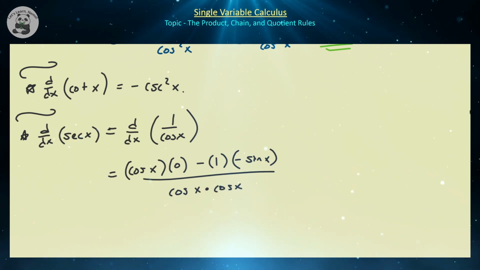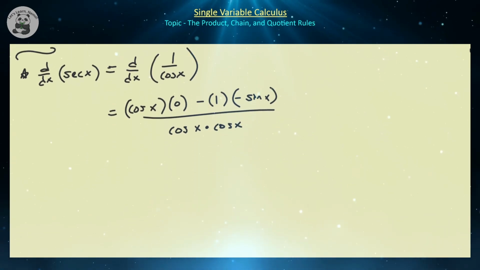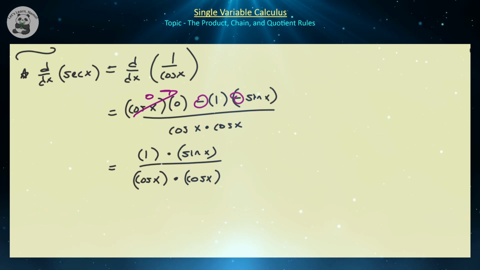I'm going to prefer to write it like this, and the reason will seem obvious soon. 0 times cosine is equal to 0, and we have that minus times a minus, which is a positive. So this is going to be equal to positive sine of x, or actually I'm just going to write it as 1 times the sine of x, all over cosine of x times cosine of x.